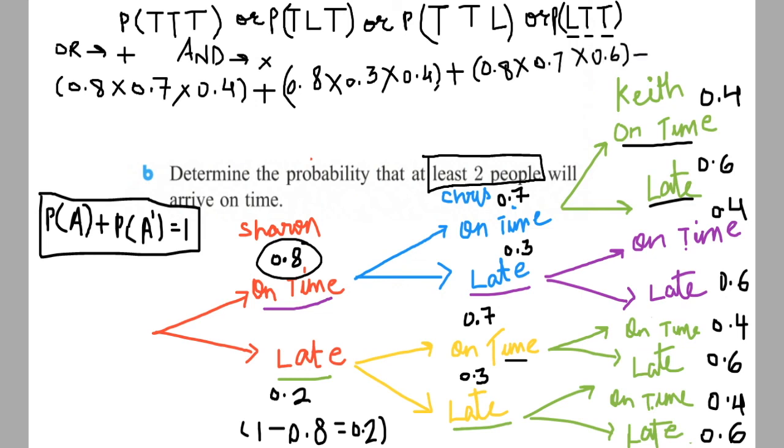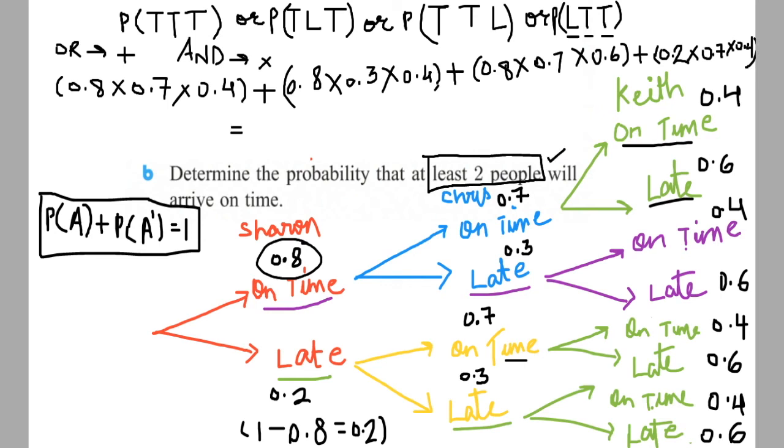In the last case, plus Sharon comes late, Chris arrives on time, and Keith is also on time. So I've got all the probabilities in place here, which covers our scenario.